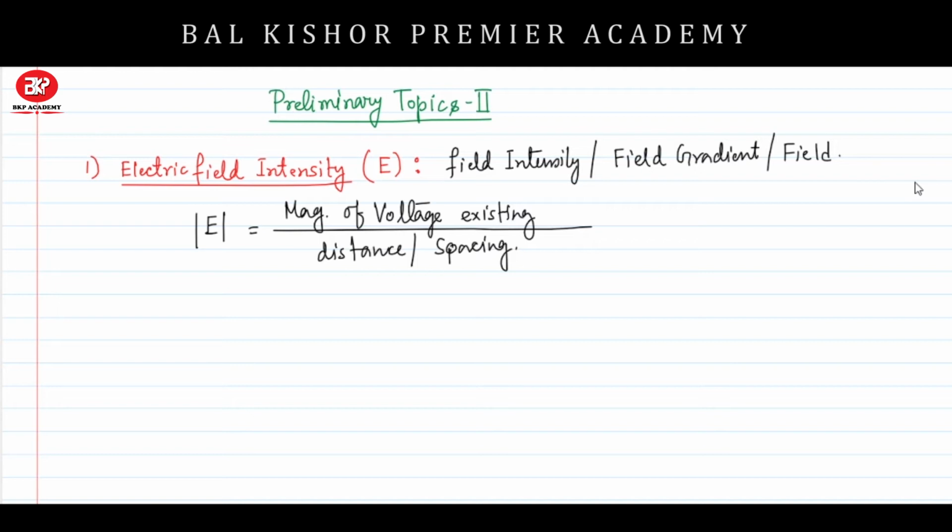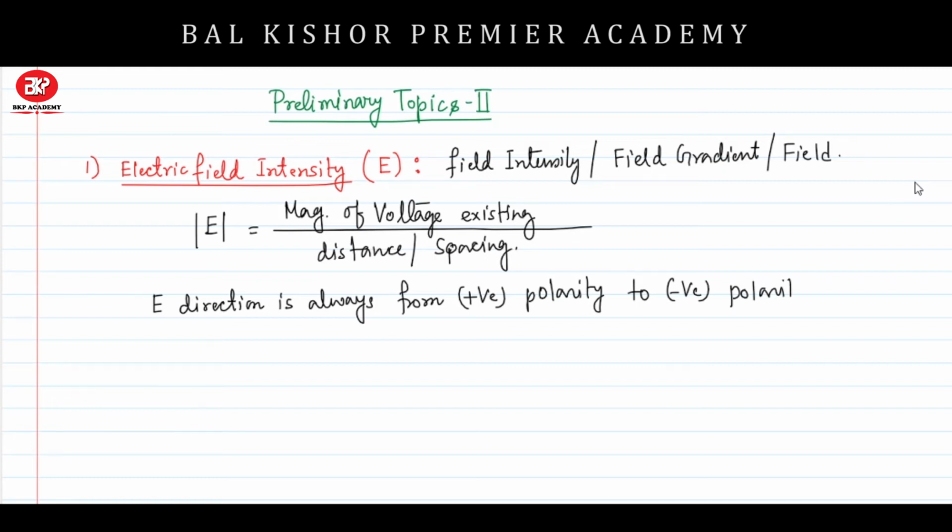Now the important thing is that the field always means the electric field direction. That is, we can write that the E direction is always from the positive charge or the positive polarity to the negative polarity.